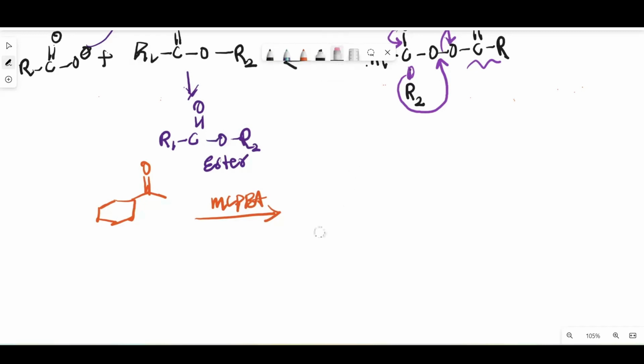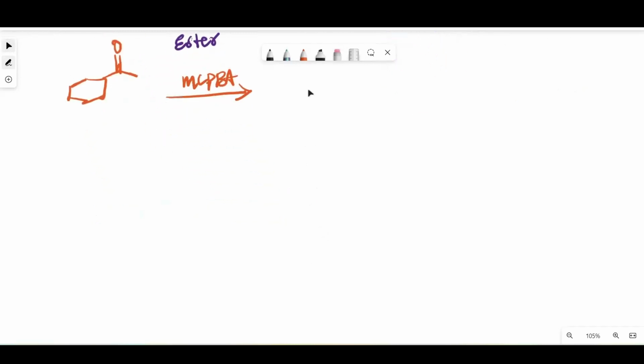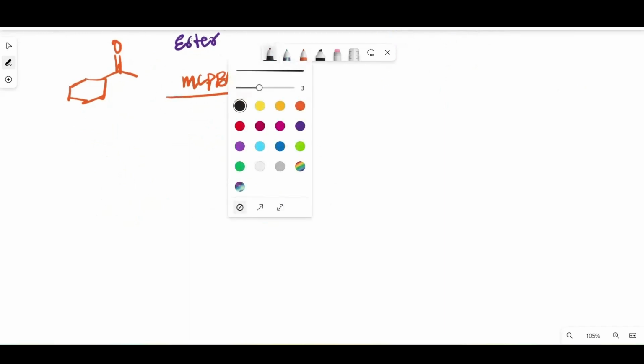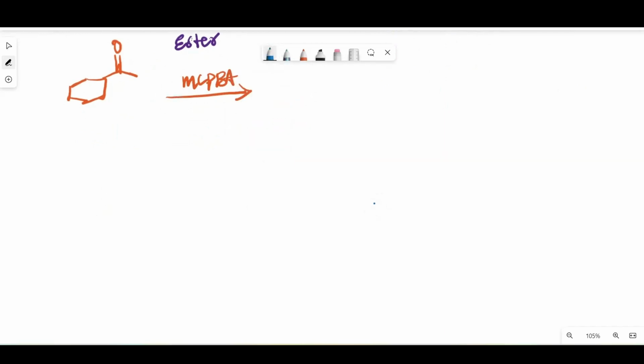Let's see the migratory order of the groups.